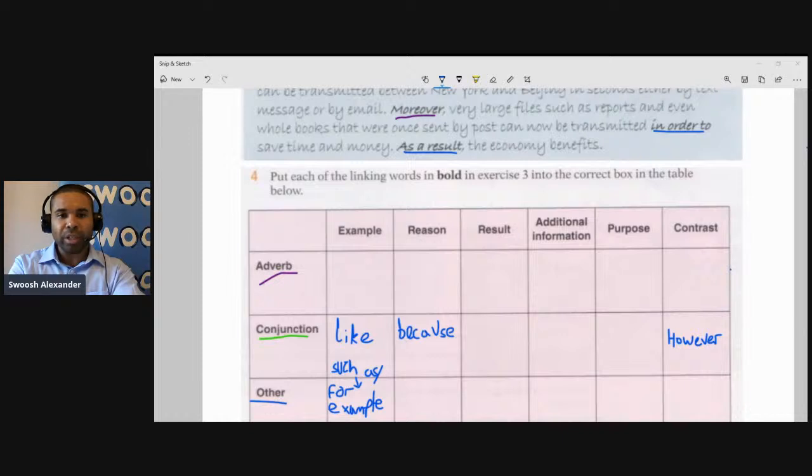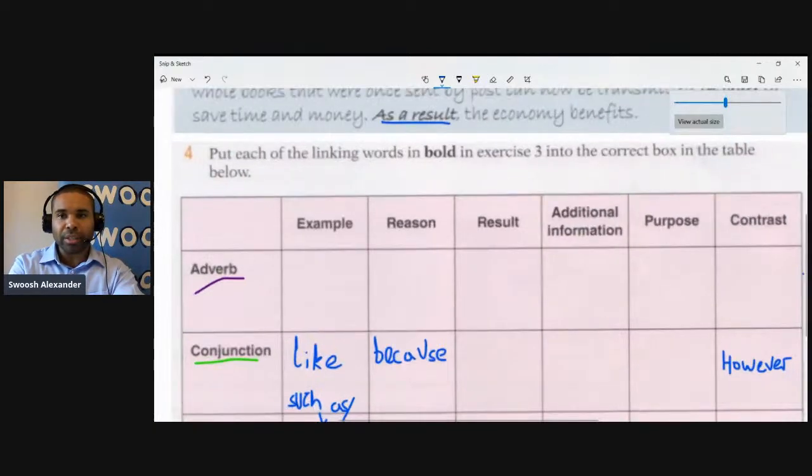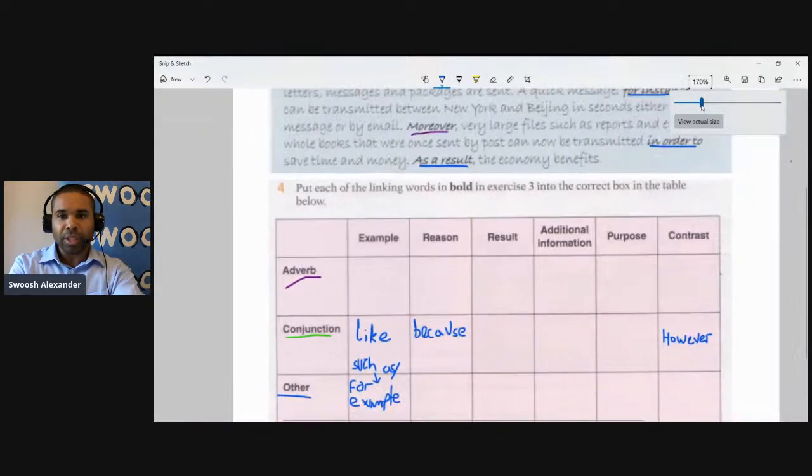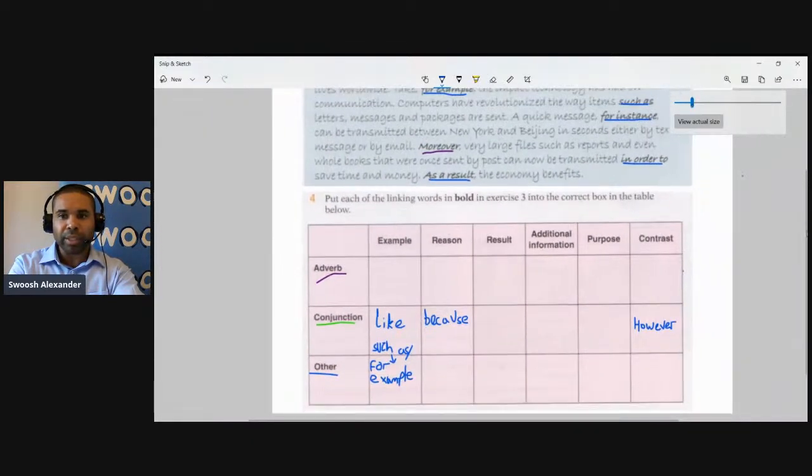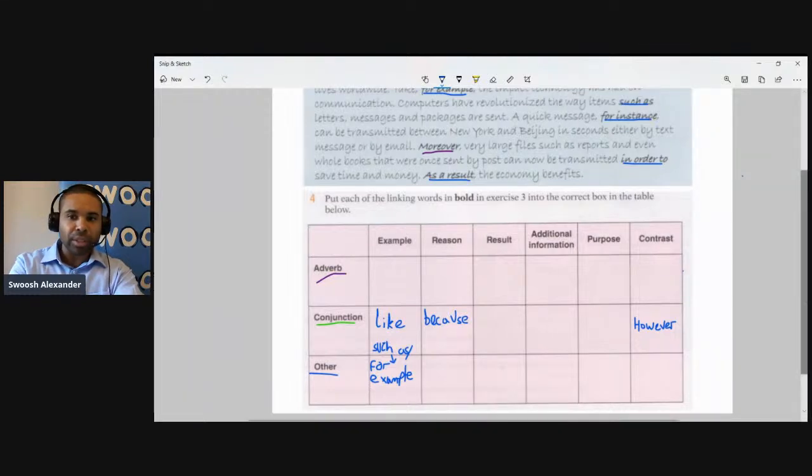And next we've got for instance, and we have yet another way of giving an example of something. So for example, for instance, we can use both of these expressions. I'm going to make this a little bit smaller just for a moment, just so I can see my screen.